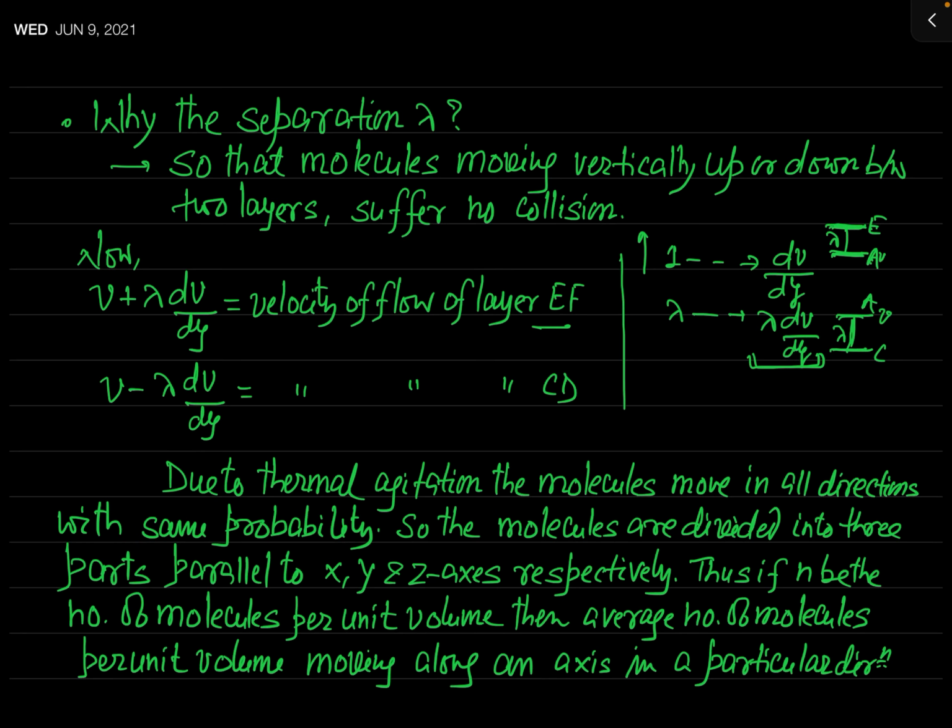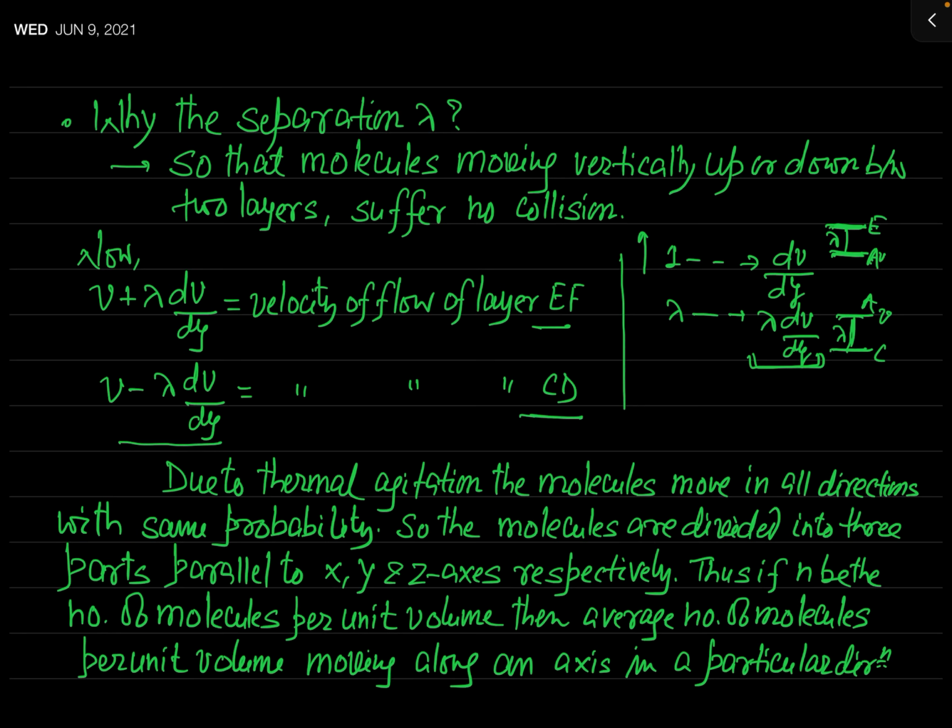So v minus lambda dv by dy is the velocity of flow of the gas in layer CD.